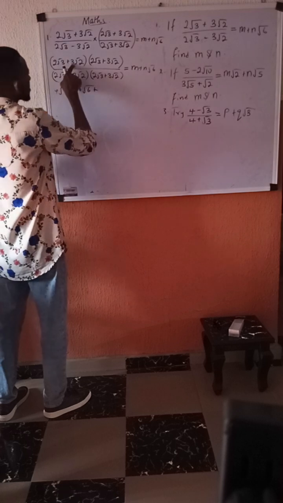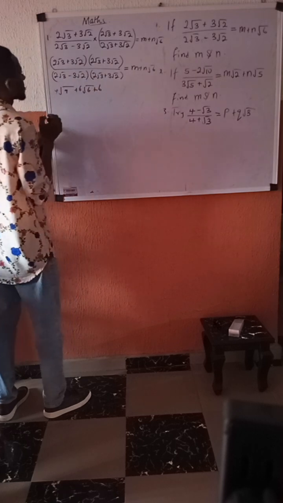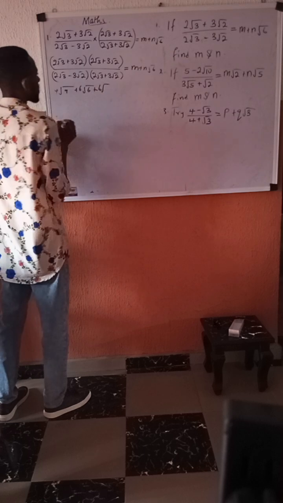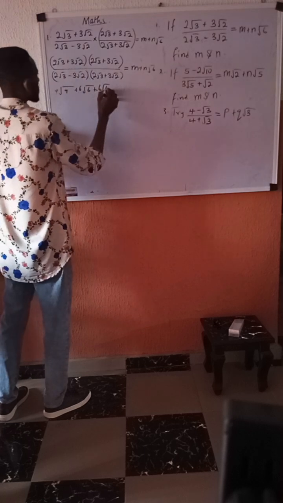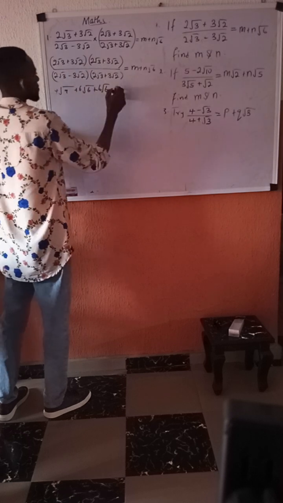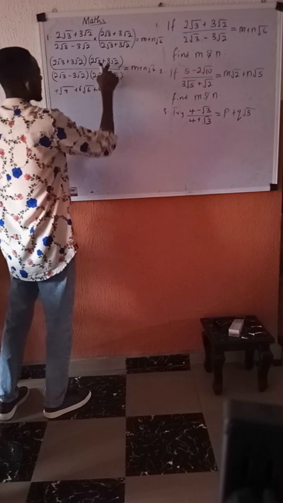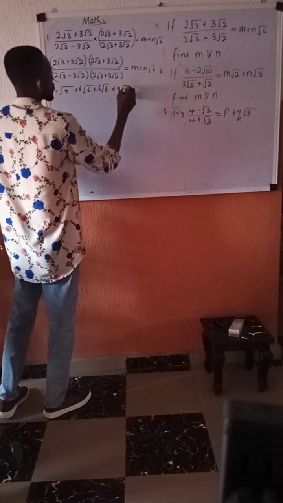So I have 3 as the coefficient times 2 as the coefficient, which is 6. Then I have root 2 times 3, which is 6. The sign here is positive, the sign here is positive. Plus times plus is plus. Then I have 3 times 3 is 9, root of 2 times 2, which is 4.